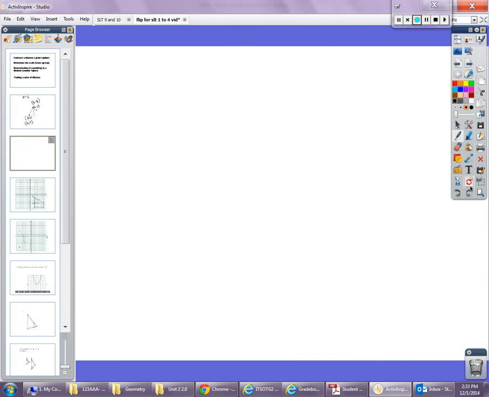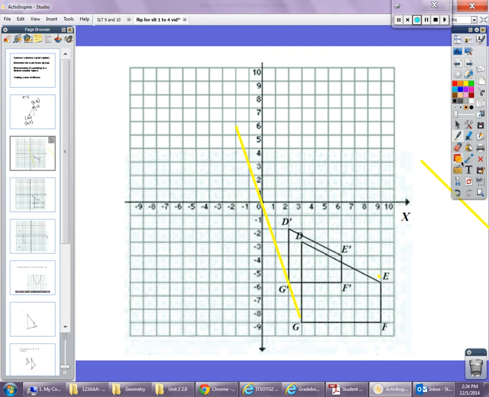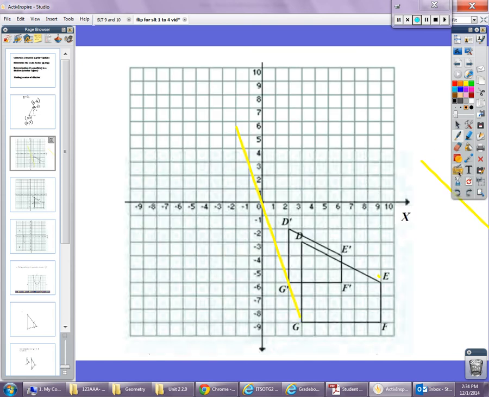The final way you can figure out that same 2/3, what the scale factor was, is you can just measure. Let me get rid of this for a second.